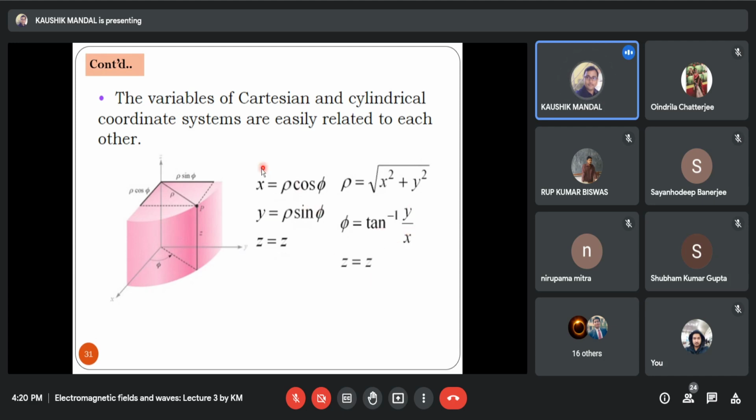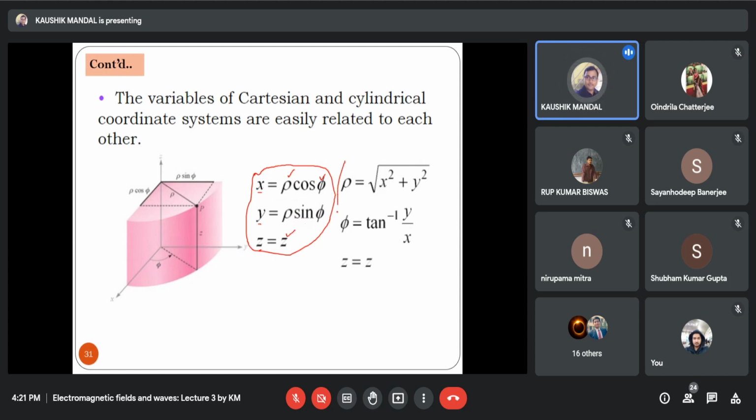So in the first three equations, we have written the Cartesian coordinates, x, y, z, in terms of the cylindrical coordinates, rho, phi, and z.